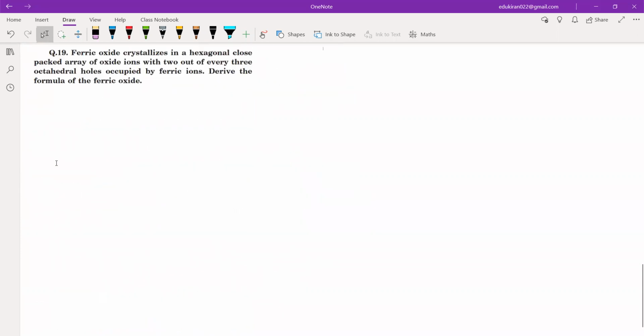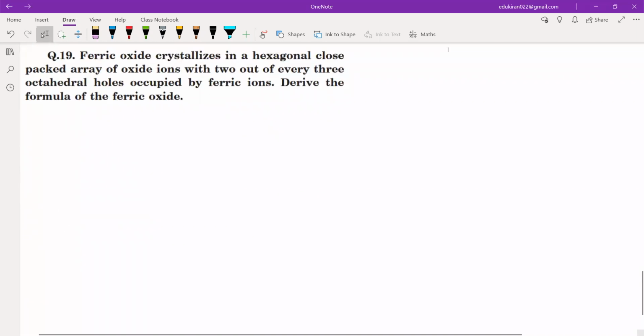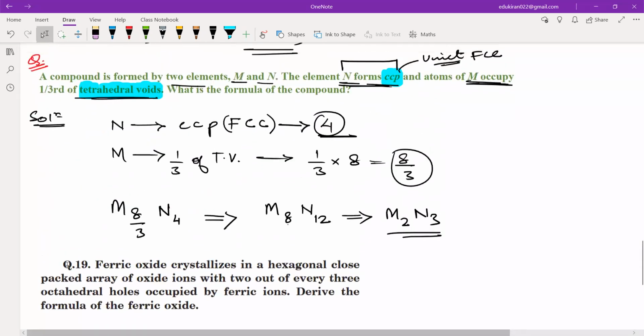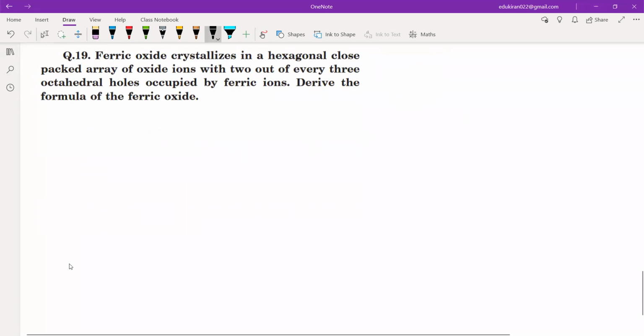Okay, so coming back to our question. You can see our question here, right? Ferric oxide crystallizes in, tell me, what is given here? Hexagonal close packing. So is this hexagonal close packing in 2D or 3D?